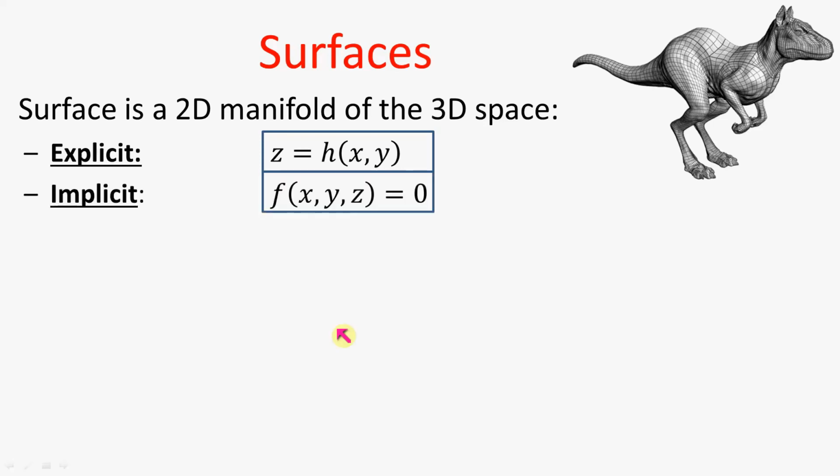So instead of the explicit equation, we prefer implicit equations, which means that we do not require one of the Cartesian coordinates to be expressed from the two, but the three Cartesian coordinates participate in an algebraic expression, which is usually organized in a way that on the left-hand side we have a function of these Cartesian coordinates, and on the right-hand side we have 0.